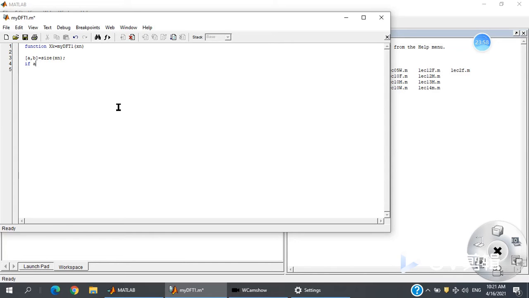If a is 1, then b will be the size, so I say n is b. Else, if b is 1, then n is a. Right?